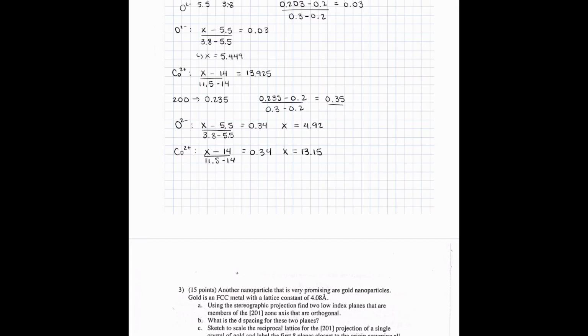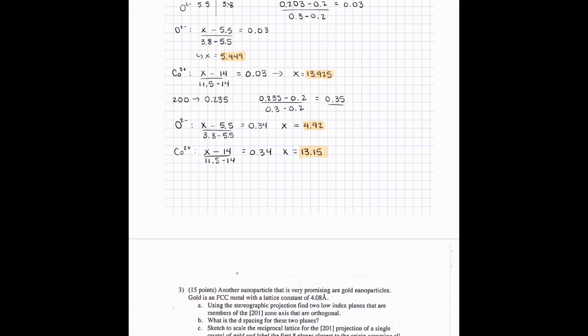Great. So now we have the values that we need for f. Oh, sorry, these are the values that we need. Excuse me, this is not equal to that. It's equal to 0.03, and then x is equal to this. Okay, we have our values. Great.